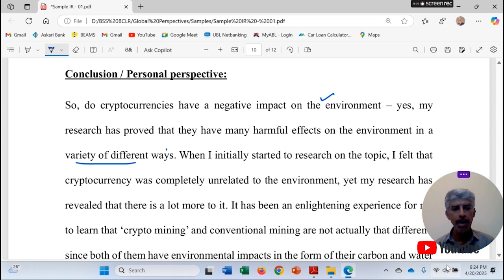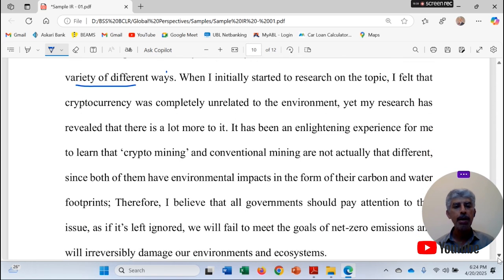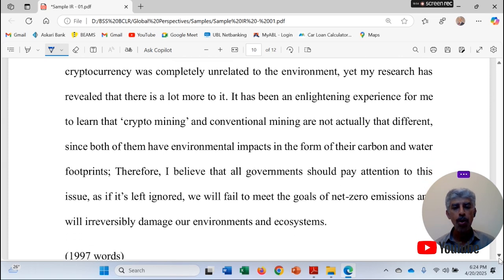When I initially started the research on the topic, I felt that cryptocurrencies were completely unrelated to the environment." I mean, the student was unaware of crypto mining, but after conducting the research on the topic, he was very much surprised to find out that yes, these digital currencies have a greater impact on the environment through mining.